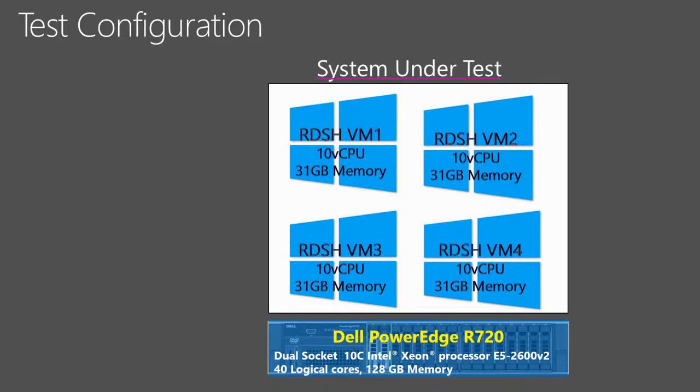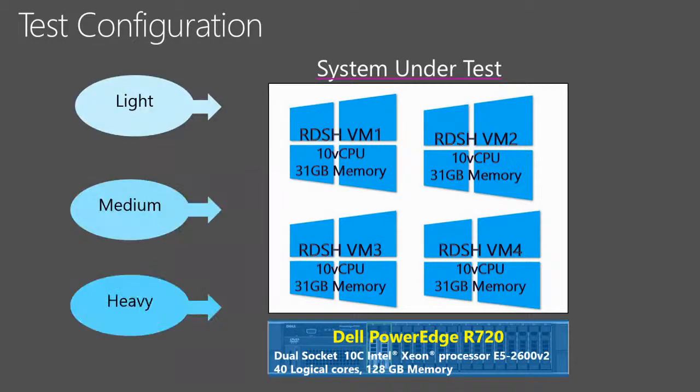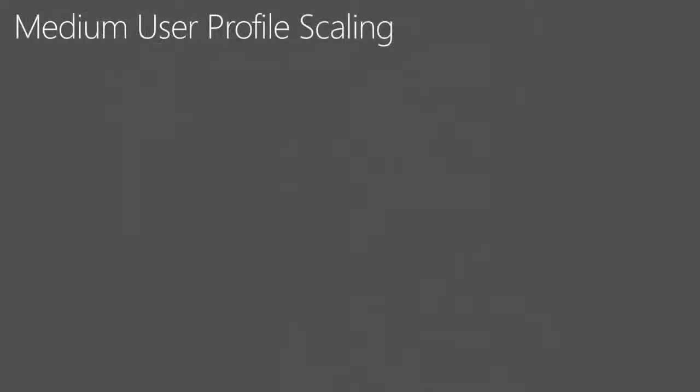Okay, so we end up with 4 VMs, each with 10 vCPUs and 31 gig. And then we ran these different Login VSI workloads against that configuration. Now, I don't have time to go through every single one of the measurements that we made, so I'm going to show you one as an example, and we'll summarize at the end.